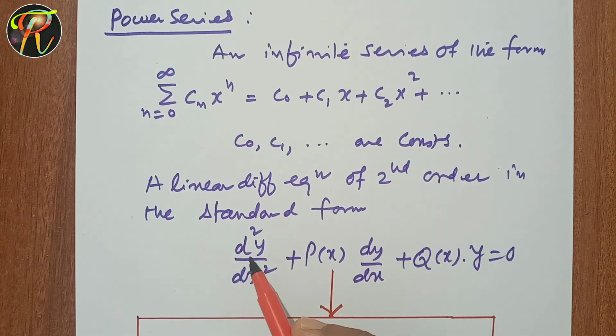Maximum 2 times, because of d2y upon dx2. So this is the order. And the degree is the power of the highest order derivative in the differential equation. So the degree of this differential equation is 1. So this is a linear differential equation.